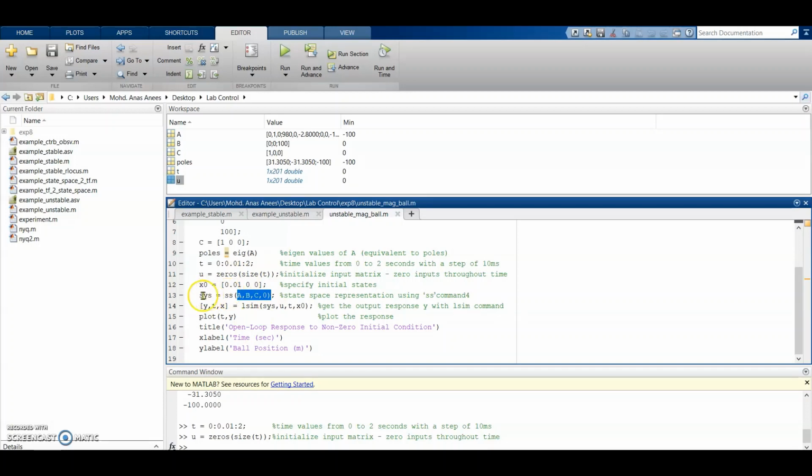It saves the complete state space model in the variable sys. Now sys will mean a state space system having A, B, C, D matrices. Now let us run these two commands.